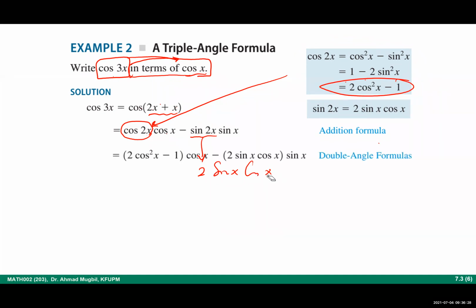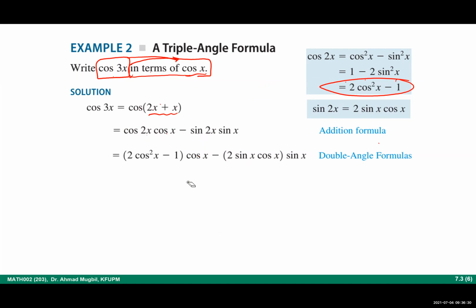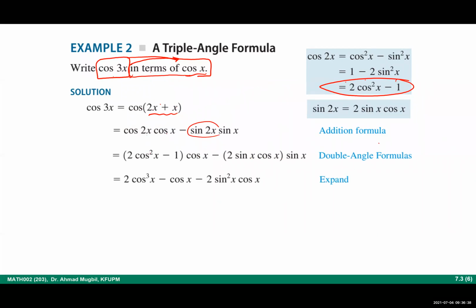So this is what we are going to do, ya shabab. We will just replace cosine 2x by 2 cosine squared x minus 1, and this one, of course, by 2 sine x cosine x. Now simplify, expand. This will be 2 cosine squared multiplied by cosine, negative 1 multiplied by cosine, and negative 2 sine squared cosine. Just a matter of multiplying or expanding.